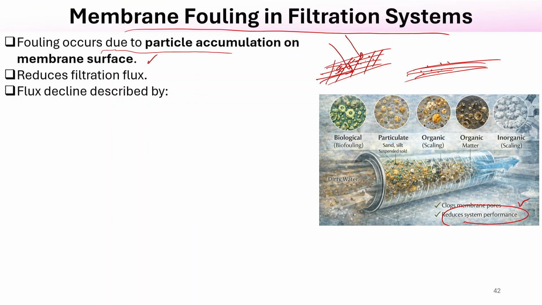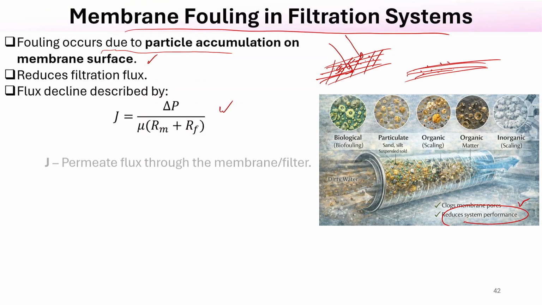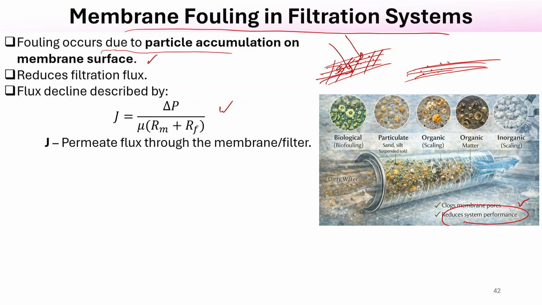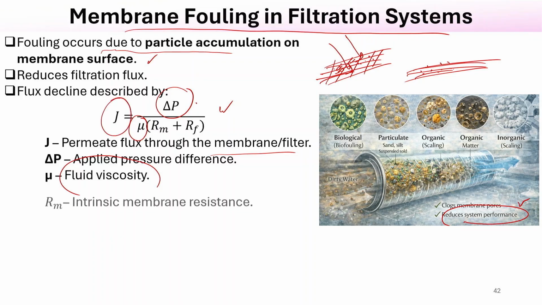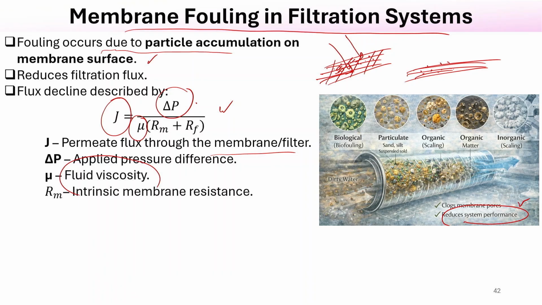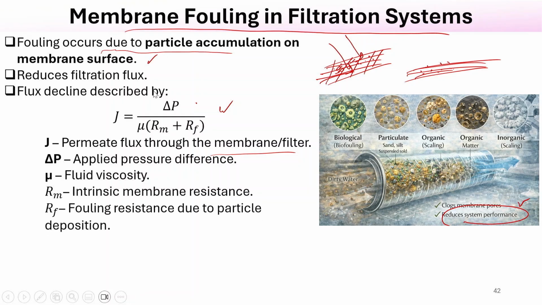So, the flux reduction is described by this relationship where J is the flux, the permeate flux through the membrane or filter. Delta P is the applied pressure, mu is the fluid viscosity. So, higher viscosity will have lower flux, higher pressure drop will have higher flux, Rm is the intrinsic membrane resistance, and Rf is the fouling resistance due to particle deposition.